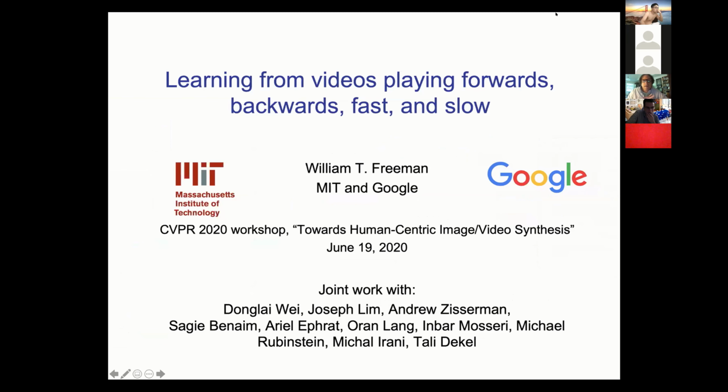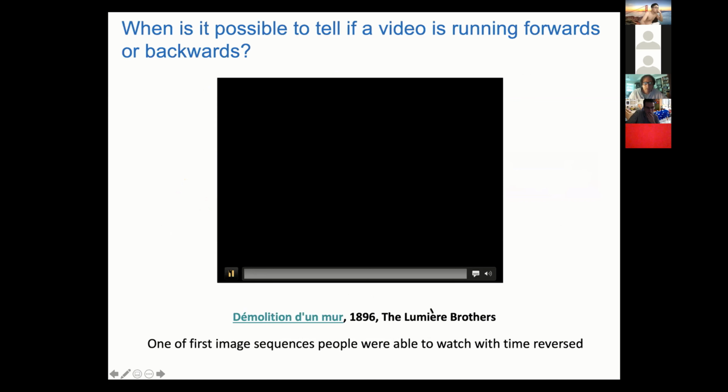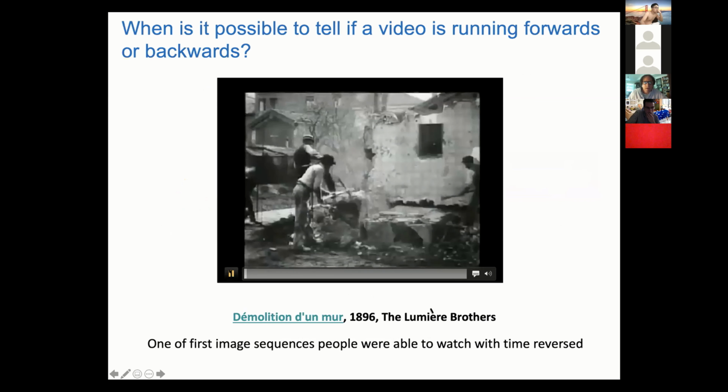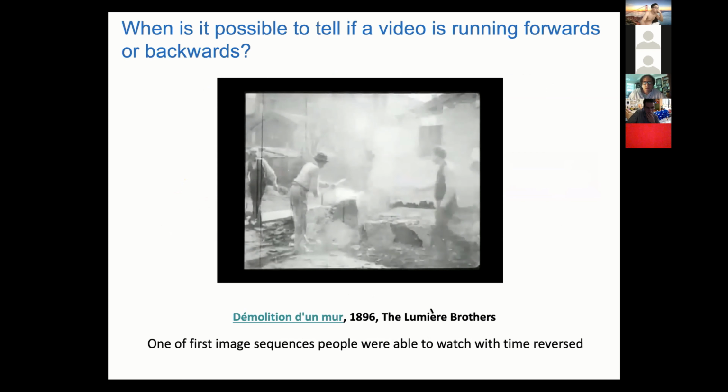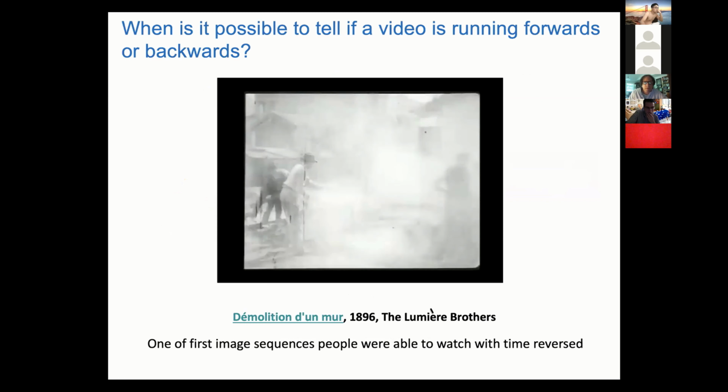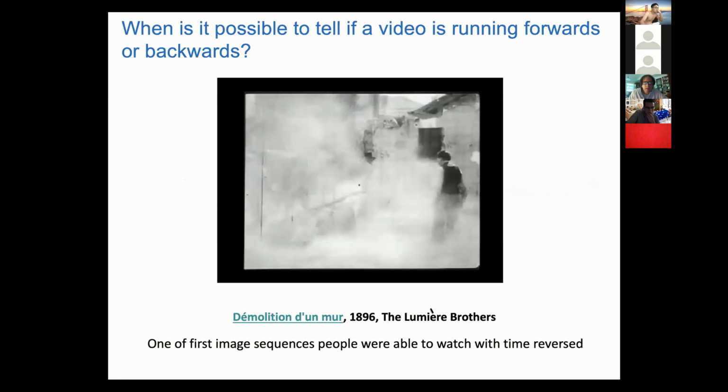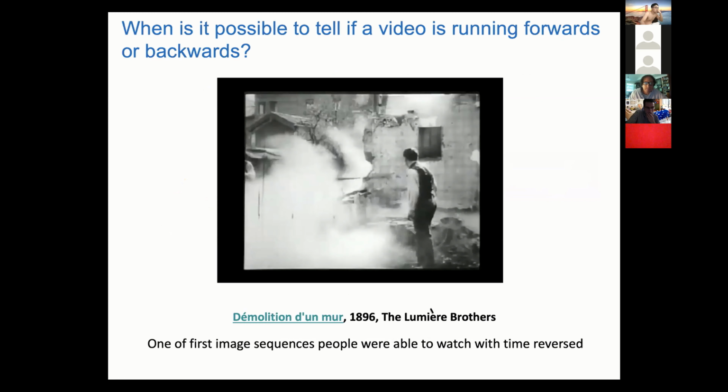All right. I want to talk about learning from videos, playing forwards, backwards, fast, and slow. This is work with a number of people, and I'll mention them as we go on. Here is one of the very first things that people saw when they saw something backwards, a film from 1896.